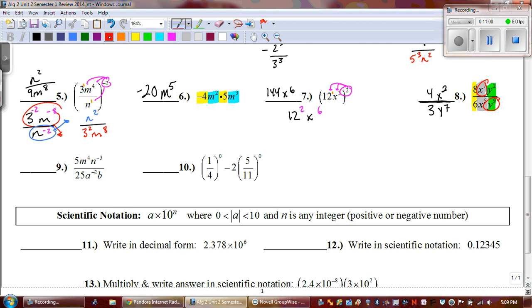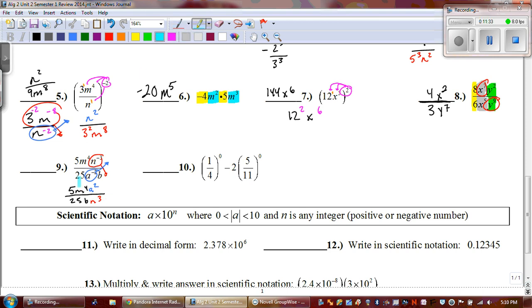Okay, number 9. If your exponent's negative, you drop it like it's hot. If it's already on the bottom, bring it to the top. So we have 5m to the 4th, and then a squared came on top. And on the bottom, we have 25b, and then n cubed came down.